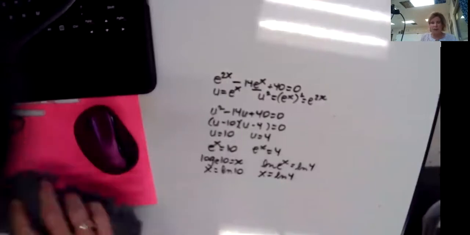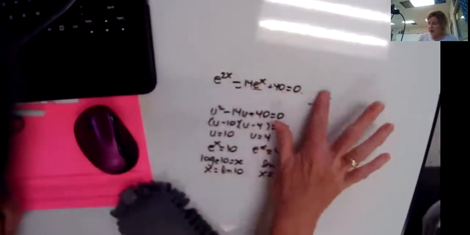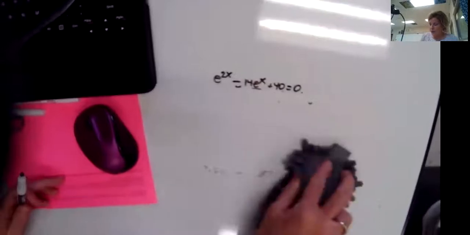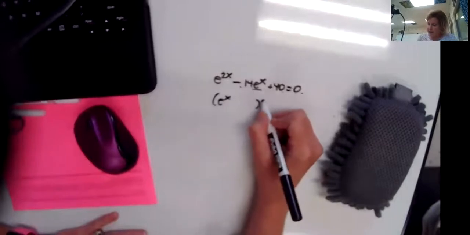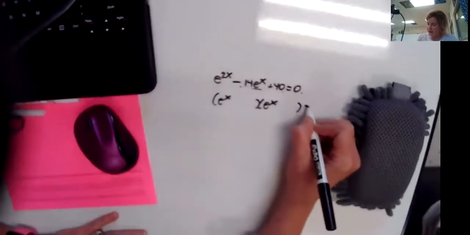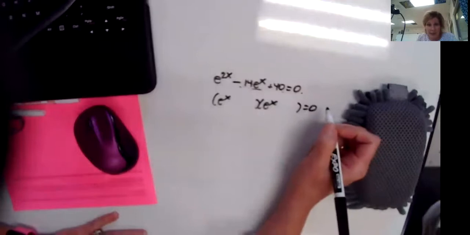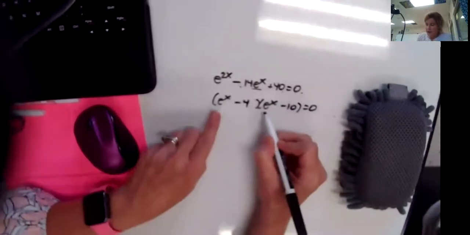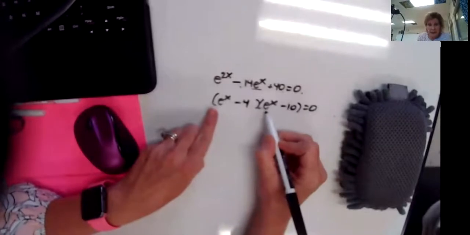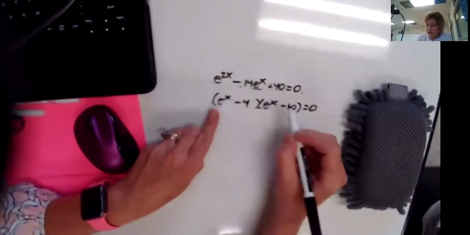Let me mention on this one that if you want to go without a dummy letter, you can. If you just want to know that e to the 2x means e to the x times e to the x, and you factor it AC style right here, that's okay. First is e to the x times e to the x, which is e to the 2x.